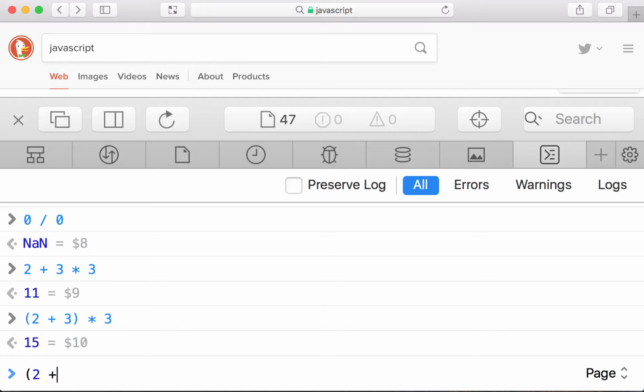So you can put 2 plus 3, and then times 3, and so on. It's always parentheses to make this part take place first instead of the multiplication, and this part first instead of whatever you put here. Could be anything. Just be aware of that.